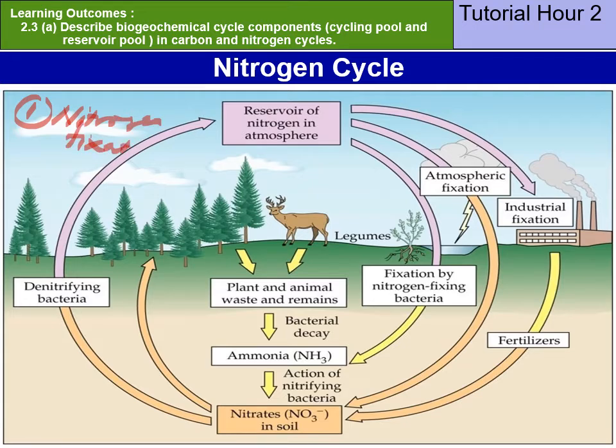For nitrogen fixation, free nitrogen in the atmosphere, which is the reservoir pool, is converted into nitrogenous compounds which can be used by plants through three fixation processes as follows. The first one is biological fixation by nitrogen fixing bacteria.